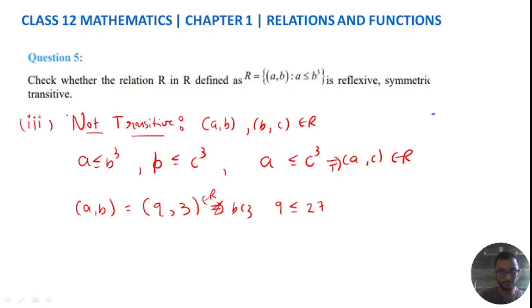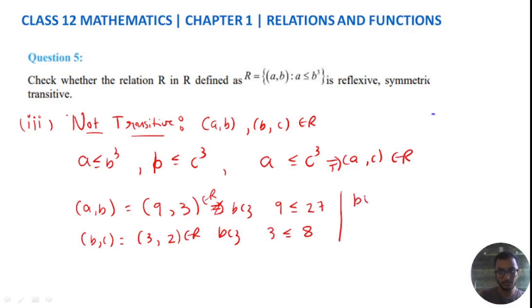Then I pick (b, c) as (3, 2). This will also be in R, because 3 is less than or equal to 2 cube, that is 8.